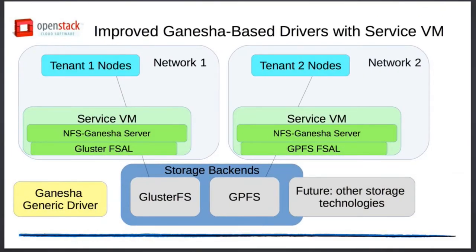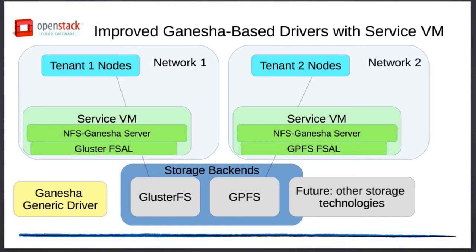So this is the combined diagram that we want to achieve. Use the same kind of networking architecture that is introduced with the generic driver, have the separate networks for the tenants, and have service VMs that allow the tenants to connect to the storage backends.